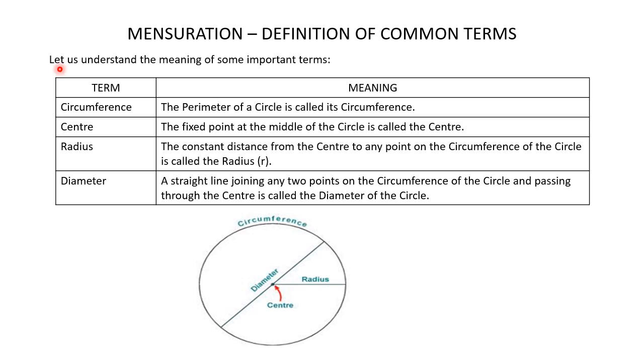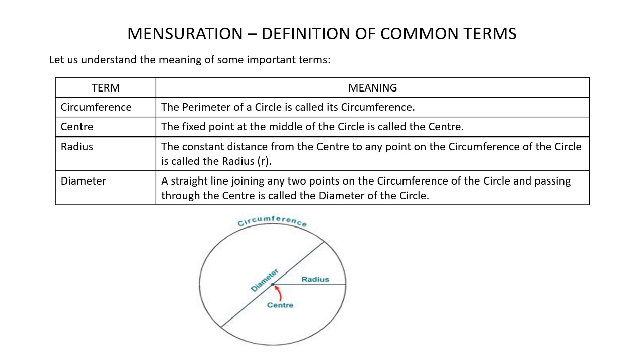Let's now understand the meaning of a few terms used in shapes like circle. Circumference. The perimeter of a circle is called its circumference. Center. The fixed point at the middle of the circle is called the center.